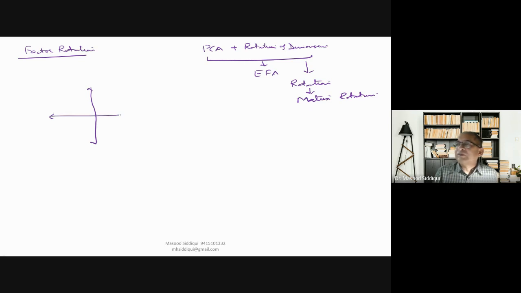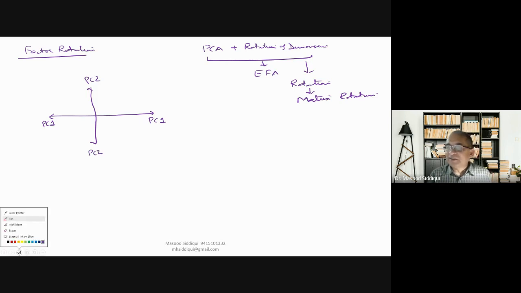Now we have these two dimensions. This is PC1, this is PC2. Here also we have PC1 and here also we have PC2, plus and minus sign. And suppose we have 5 variables. This is variable 1, this is variable 3, this is variable 5.